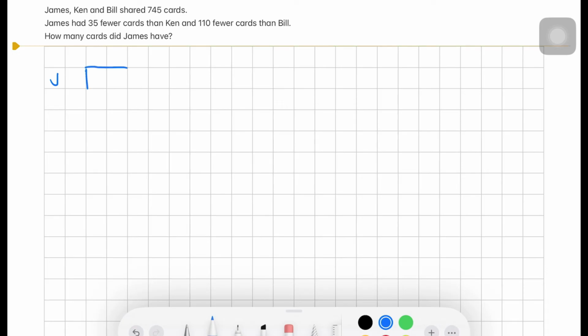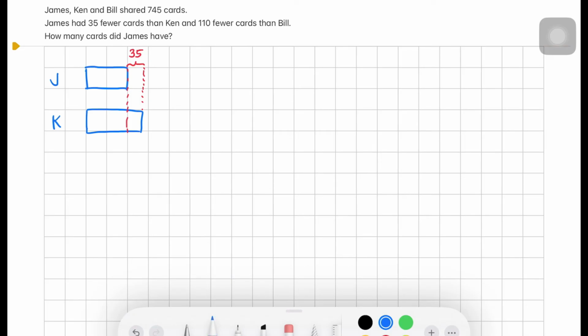James, Ken has 35 more cards than James because it says 35 fewer, so maybe a little longer. This one will be 35 more. And then 110 more for Bill.